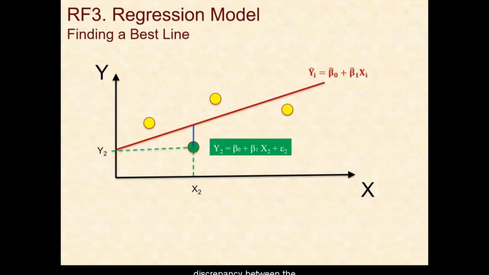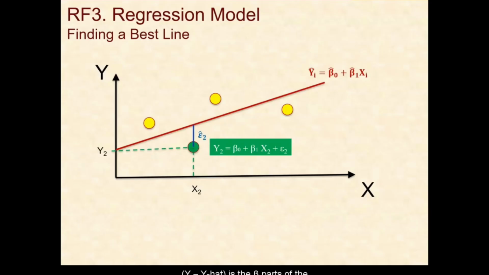Our proposed line, y hat equals beta hat naught plus beta hat 1 times x, describes the relationship between the y and x values in the sample, providing a predicted value of y hat for each sample point. Y equals beta naught plus beta 1 times x plus epsilon is how we think the y is related to x in the process. What does this blue line, y minus y hat, represent?